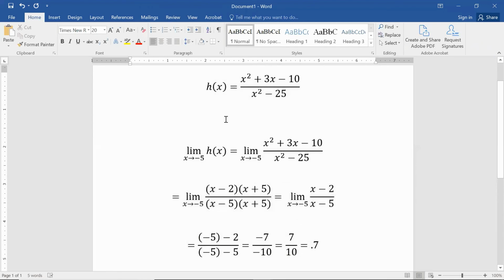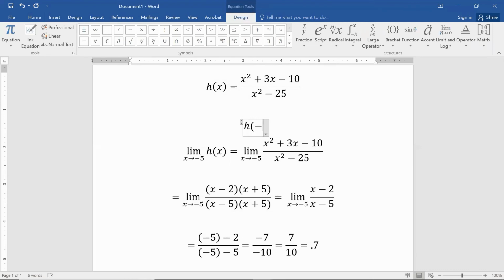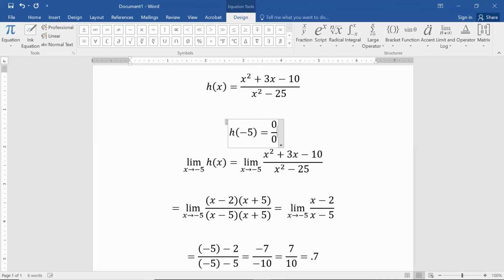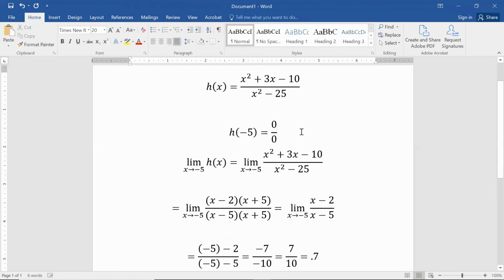Now, I do want to point out that when we typed in negative 5 into our h of x, we got the 0/0 indeterminate form. So this version where we have a polynomial divided by a polynomial, an indeterminate form of 0/0 often leads me to be able to factor the top, factor the bottom, and cancel out like terms.